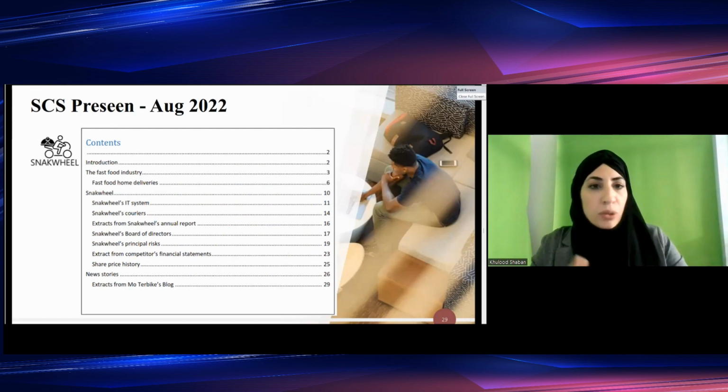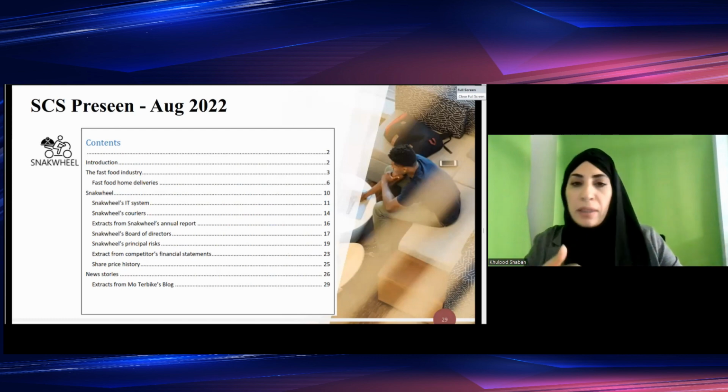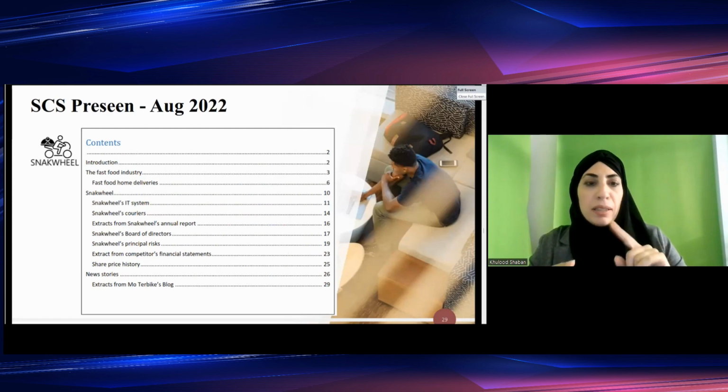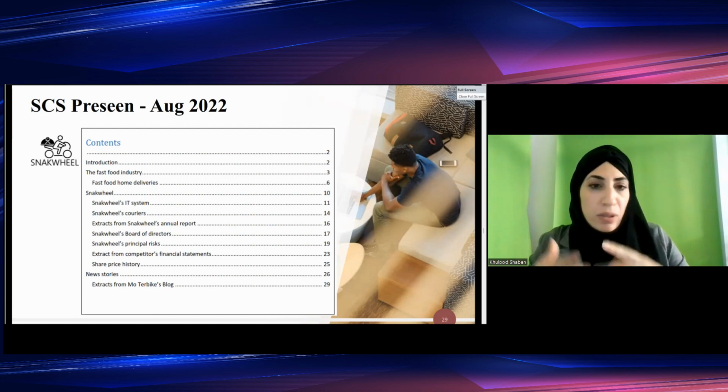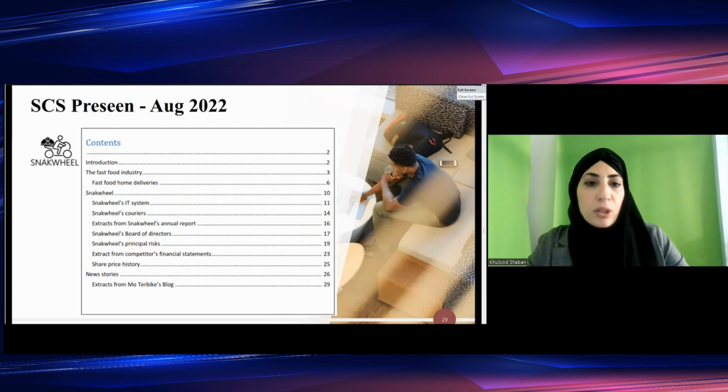So they will give you the introduction. They will give you the industry information. Of course, then they will give you all about this company, systems, how they work, the reports, which is the financial reporting, the board of directors, what it constitutes of, the principal risks for it, and financial statements.